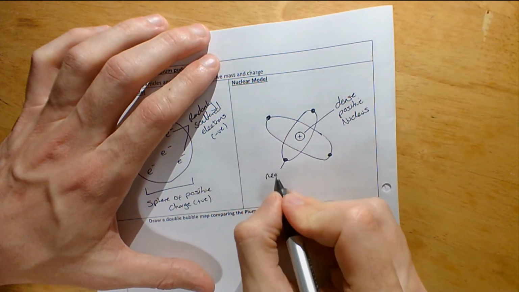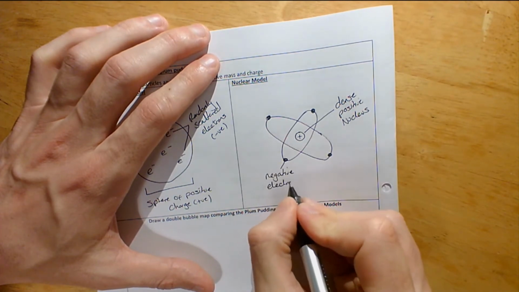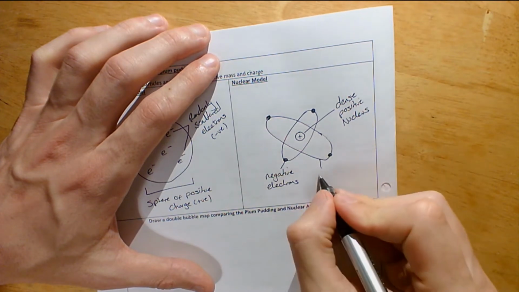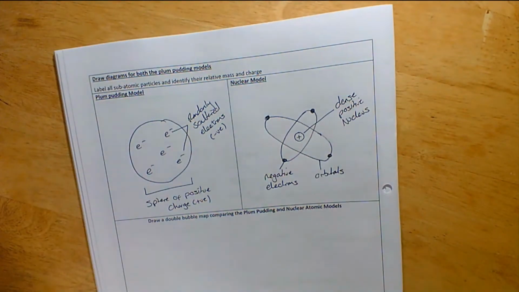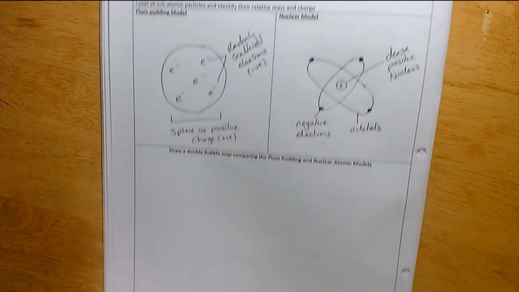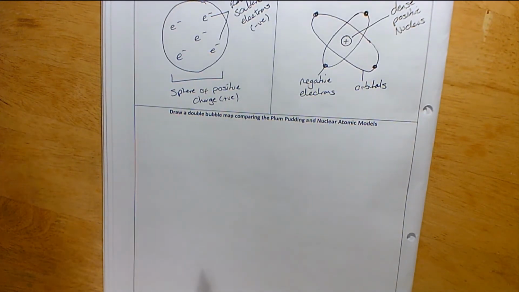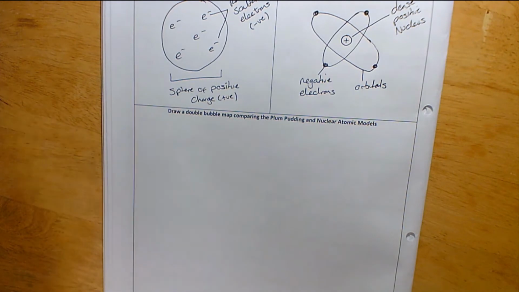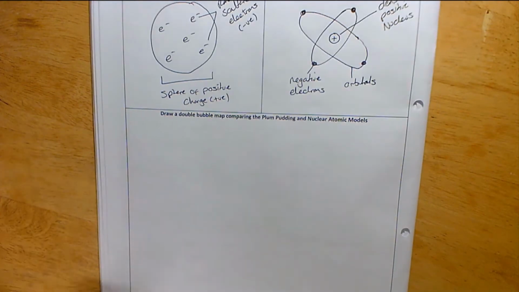And again, these are negatively charged electrons in orbitals around the central nucleus. So what I'd like you to do now is to make a double bubble map comparing the plum pudding and the nuclear model. Remember, you're looking for similarities and differences. So a double bubble map comparing these two models.